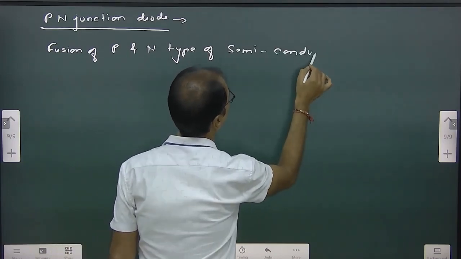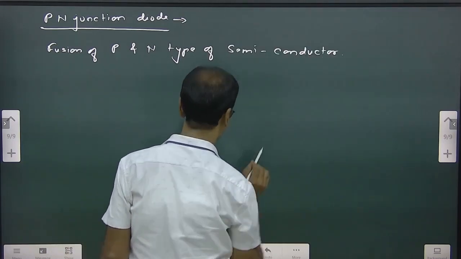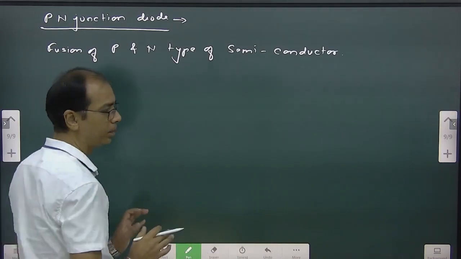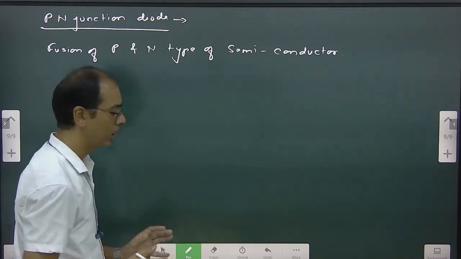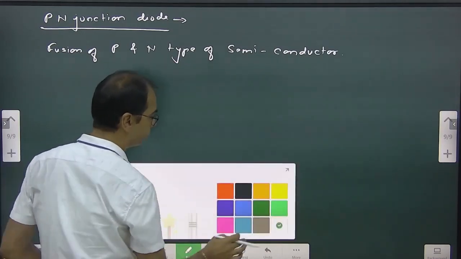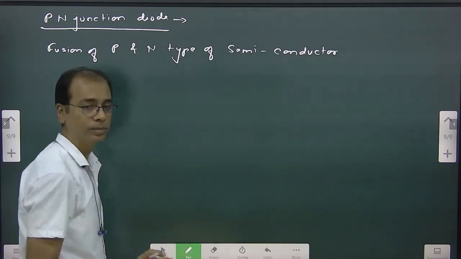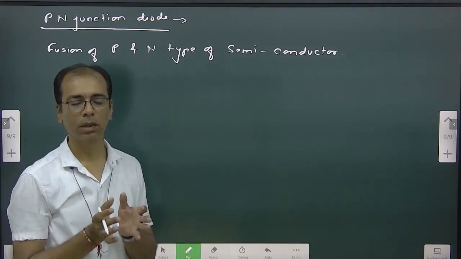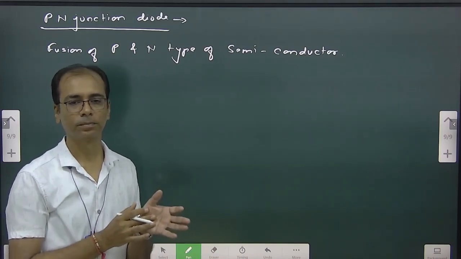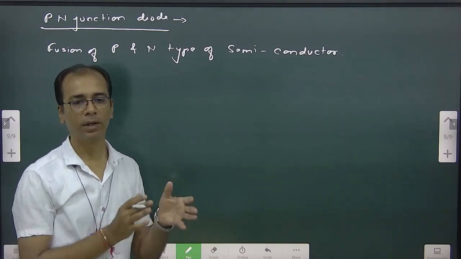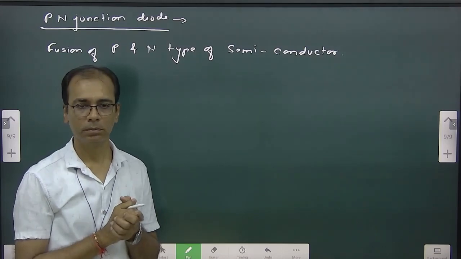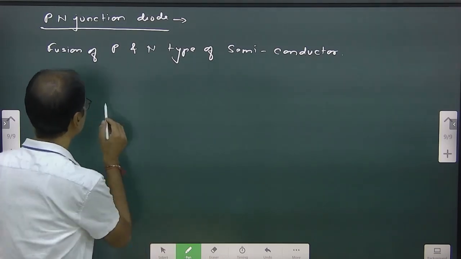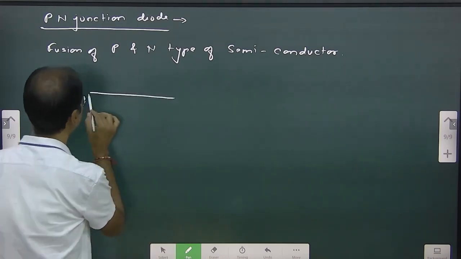So what's happening in this? Let's see. First of all, P-type semiconductor crystal we are taking. When we say P, that means it's a mixture of maybe silicon and one trivalent impurity. So P, we are showing P over here.